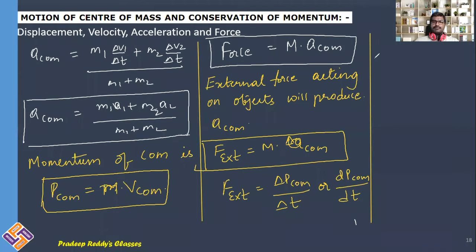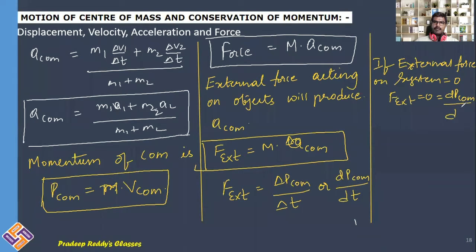Suppose the external force on the system is equal to 0, that is F external is equal to 0, which is equal to dPCOM divided by dt. That should be equal to 0.